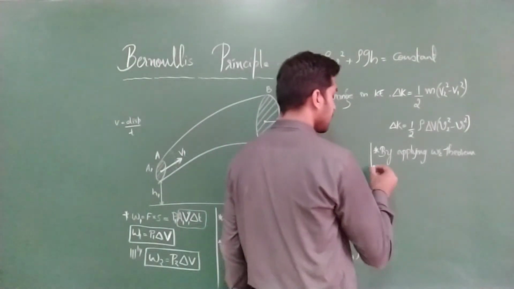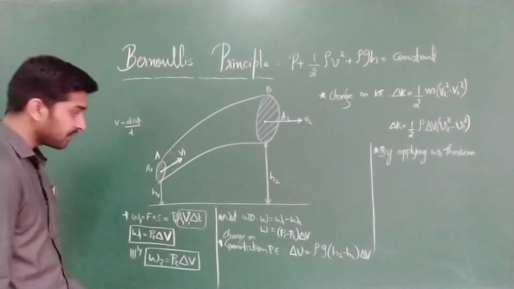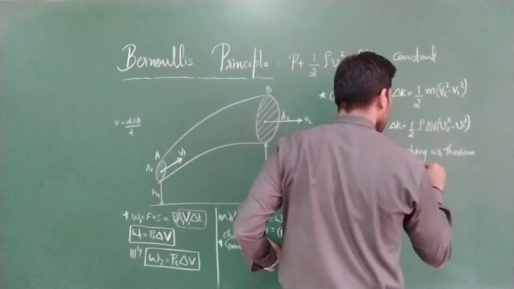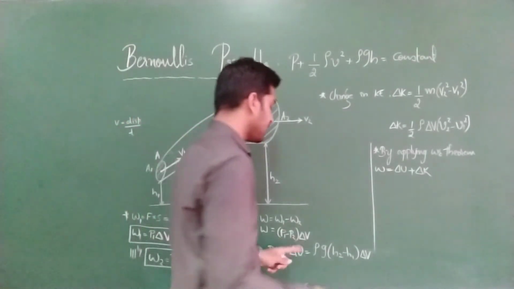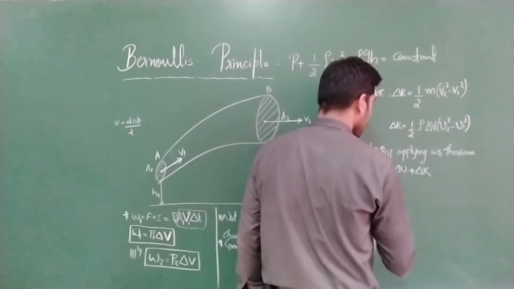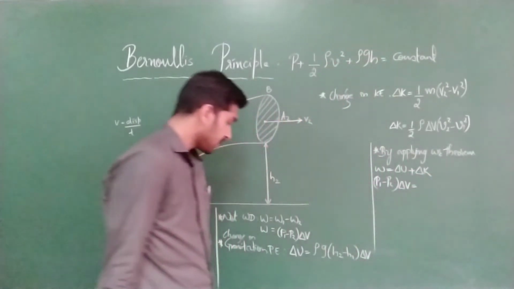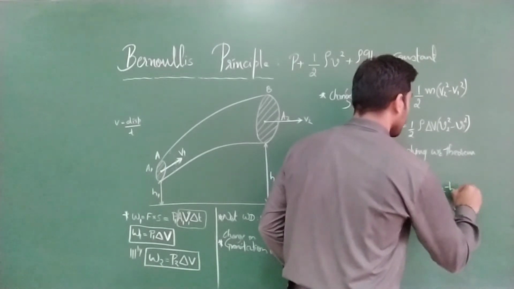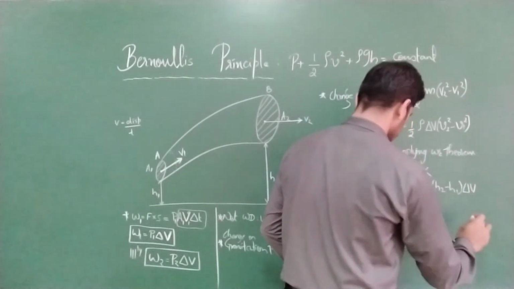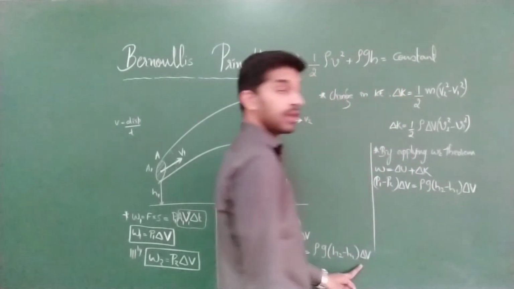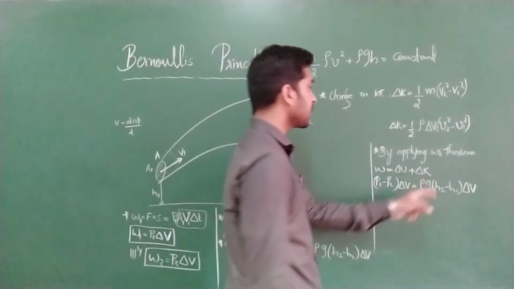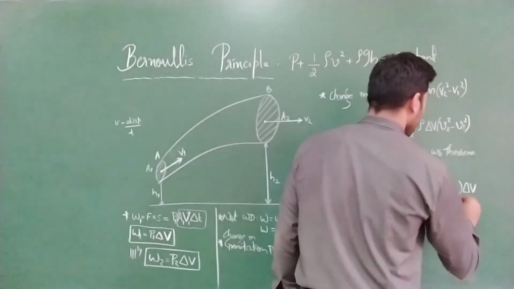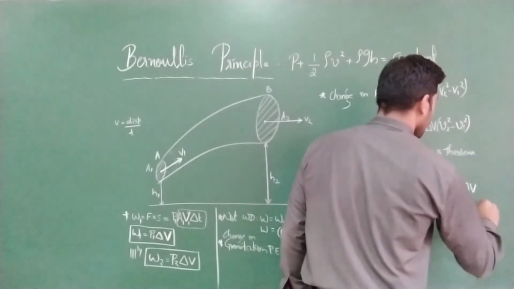So W is equal to delta U plus delta K. Substituting W, P1 minus P2 into delta V is equal to rho g H2 minus H1 into delta V, plus change in kinetic energy, half rho delta V into v2 square minus v1 square.